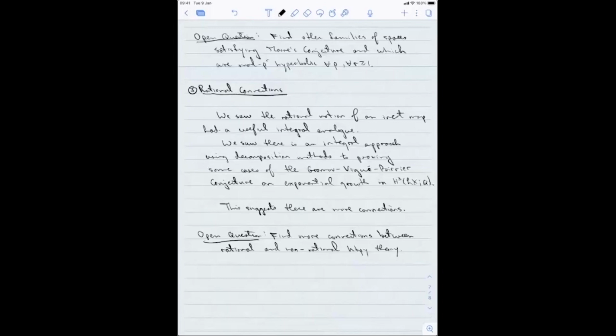So there's this deep view of how torsion homotopy groups and rational homotopy groups somehow influence one another mysteriously. And there's this sort of interesting decomposition method that we've been looking at, which somehow says, yes, there are some concrete connections between rational and non-rational homotopy theory, and it would be interesting to see if there's more.